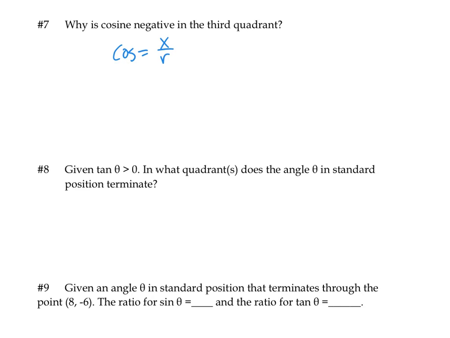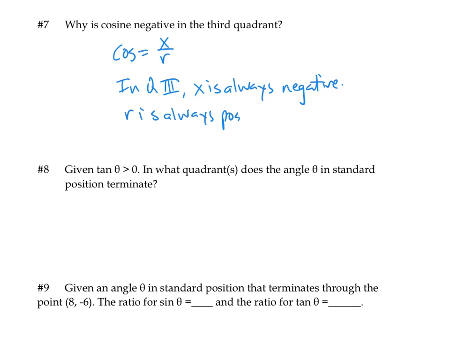So cosine is x over r, and in quadrant 3, x is always negative. r is always positive because it's a radius, kind of like what we talked about in the last problem. It's the radius of a circle, which is always positive. So cosine will be a negative over a positive. Negative x over a positive r will always come out to negative.